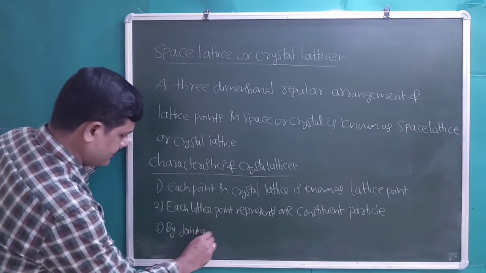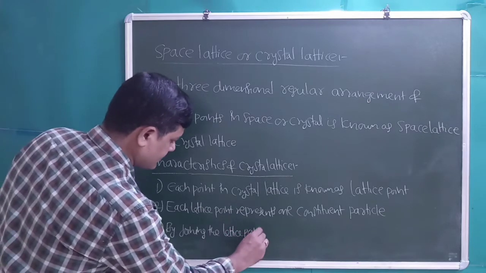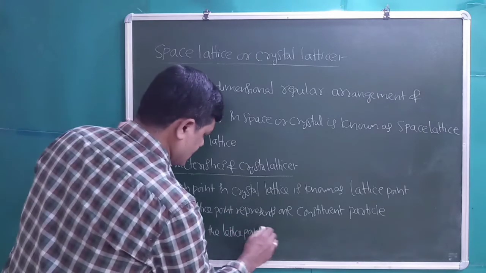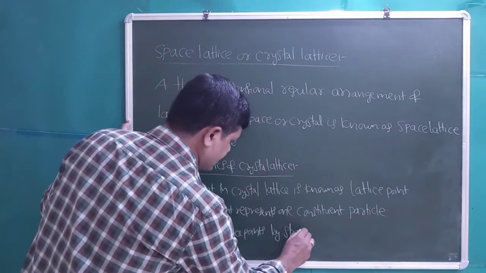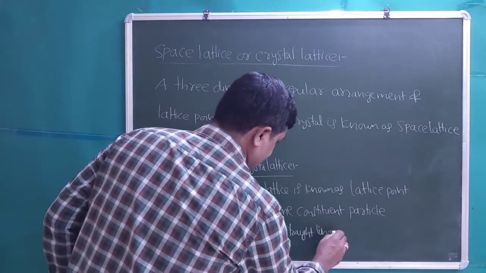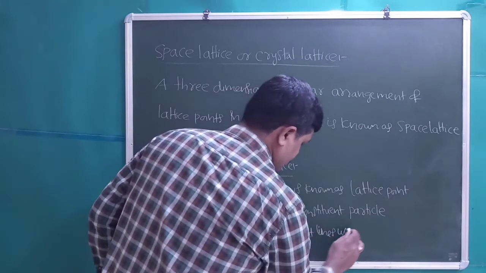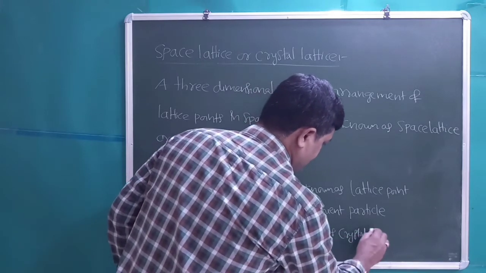By joining the lattice points by straight lines, crystal geometry can be obtained.